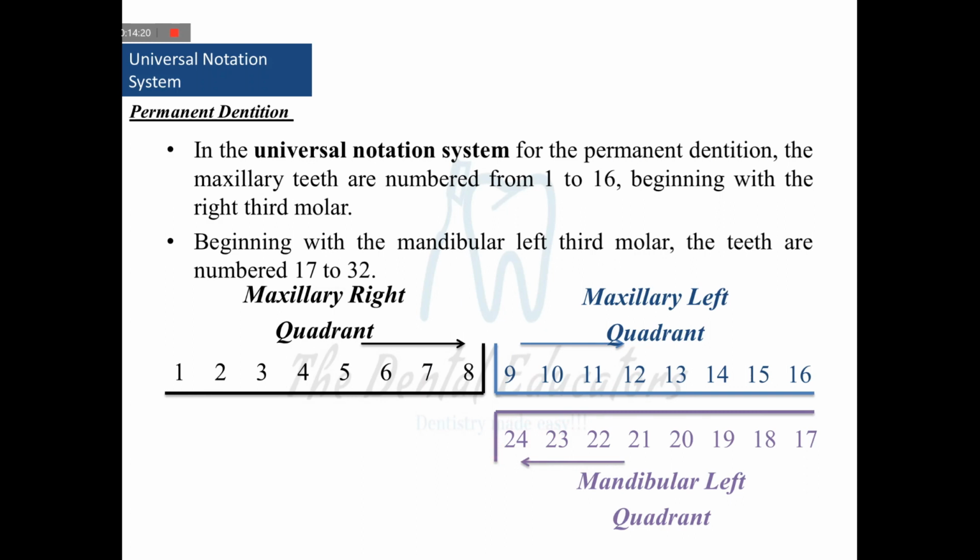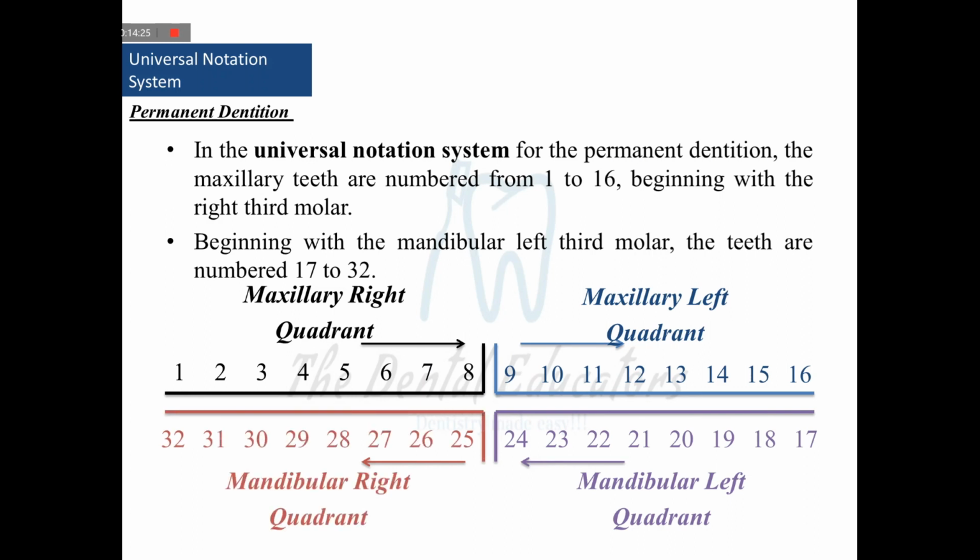Now we continue to count the teeth towards the right quadrant. So we label the central incisor of the right quadrant as 25, the lateral as 26, the canine as 27, the first premolar 28, second premolar 29, first molar is 30, second molar is 31, and last the third molar is 32.